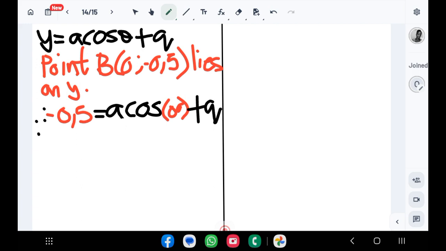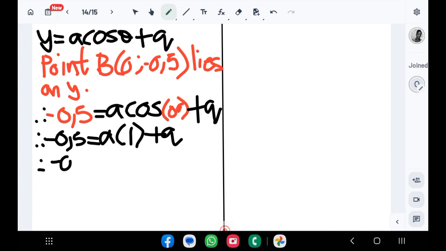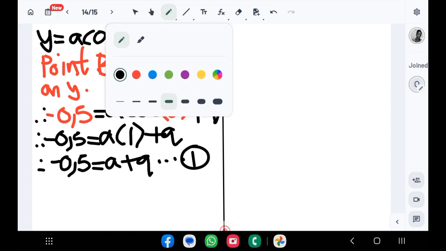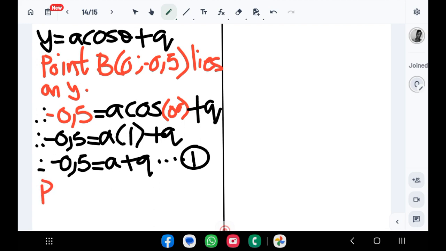All right, now therefore negative 0,5 equals, now cos of 0 is equal to 1, so that will be a times 1 plus q, which then gives us negative 0,5 equals a plus q, and that makes up your equation 1.